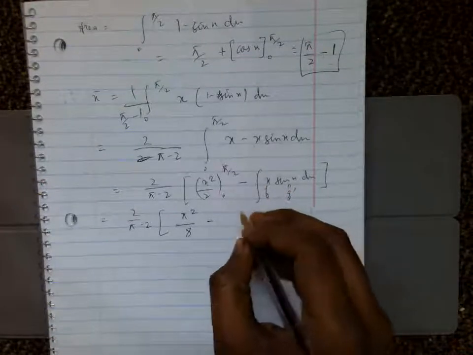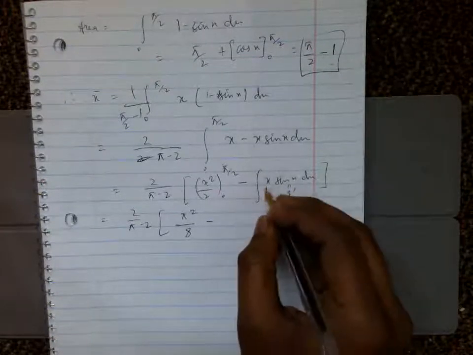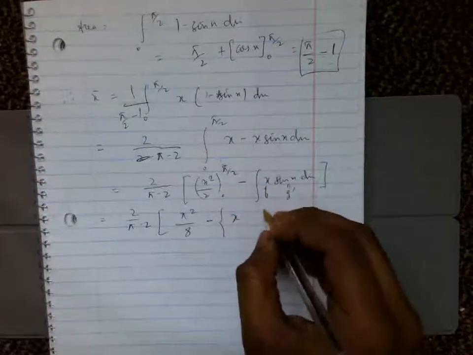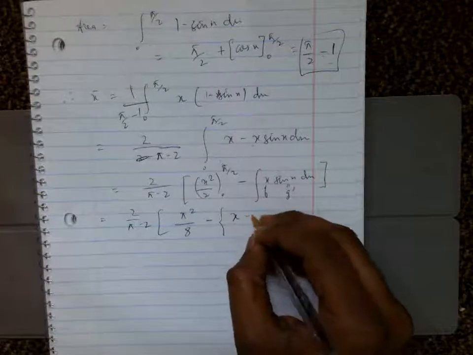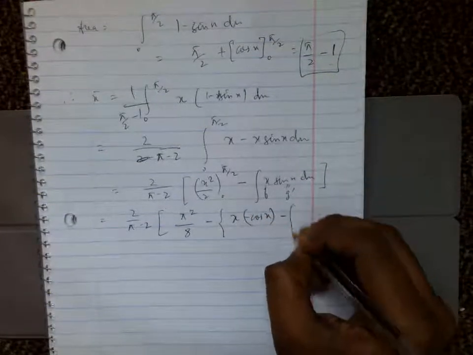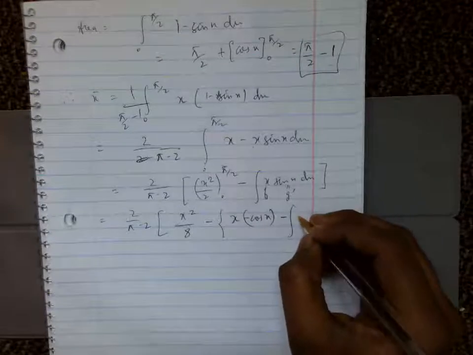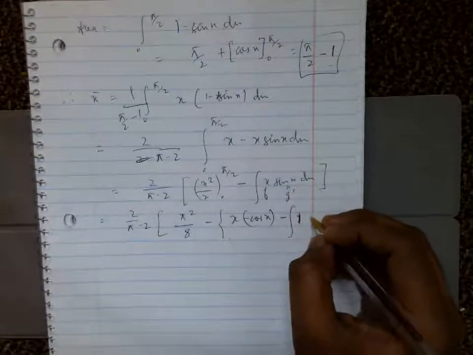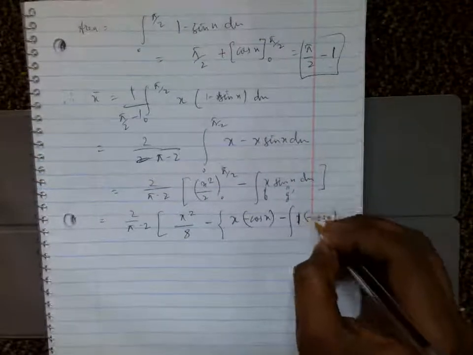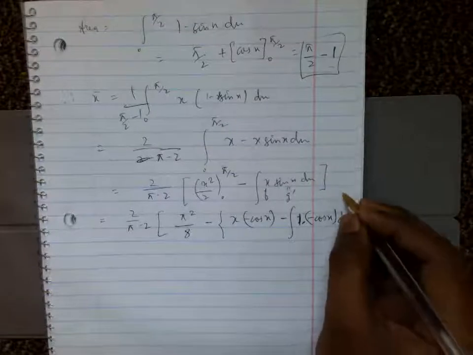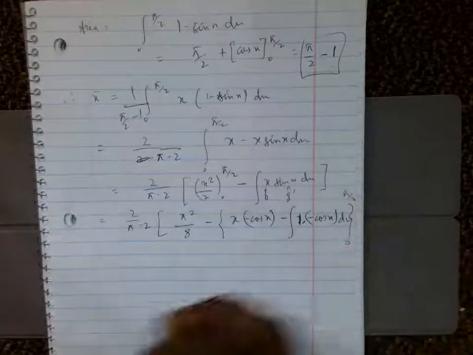So first of all you will have f times g, which is x times the integration of sine x, which is minus cos x, minus the integration of the derivative of f, which is 1, times the integration of g prime, which is minus cos x, so 1 times minus cos x dx. And then we'll evaluate this from 0 to pi by 2.